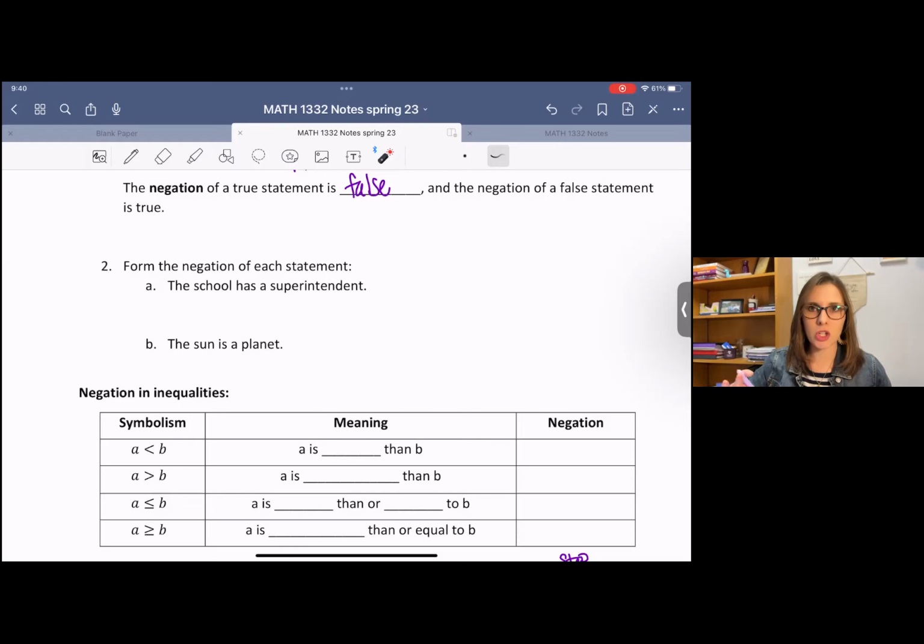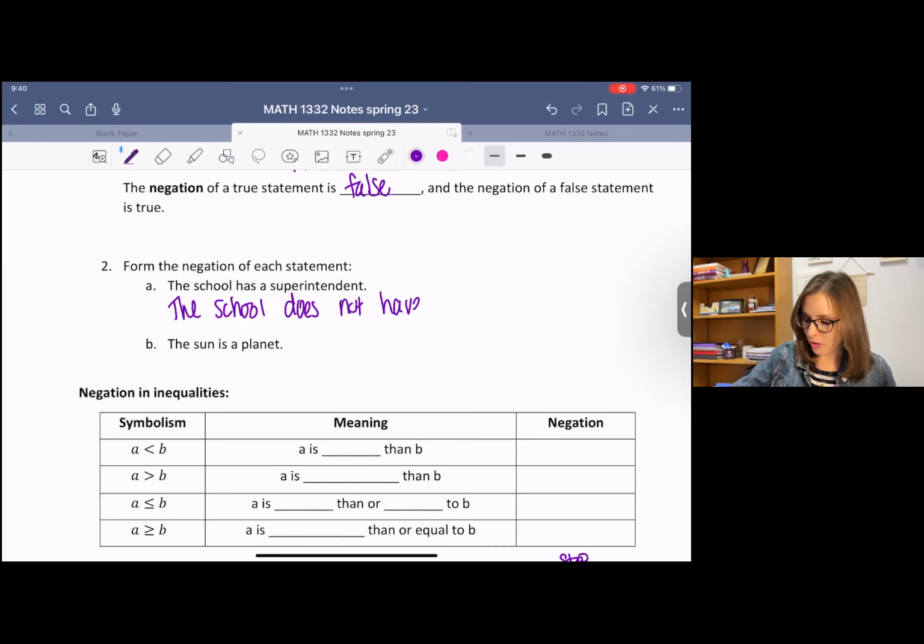We just want to change it to be an opposite statement. The opposite of has is does not have. So the school does not have a superintendent.